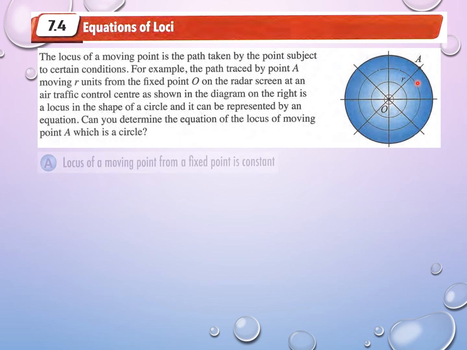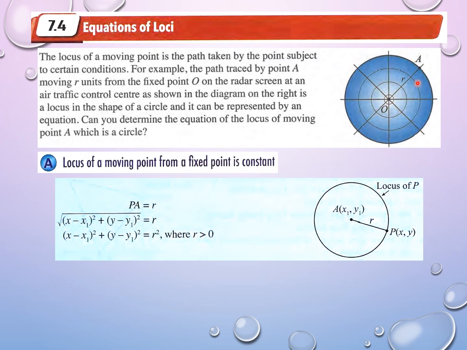First we have two examples here. If the locus is the moving point at the same distance from a fixed point, I will get a circle. But how to find the locus?